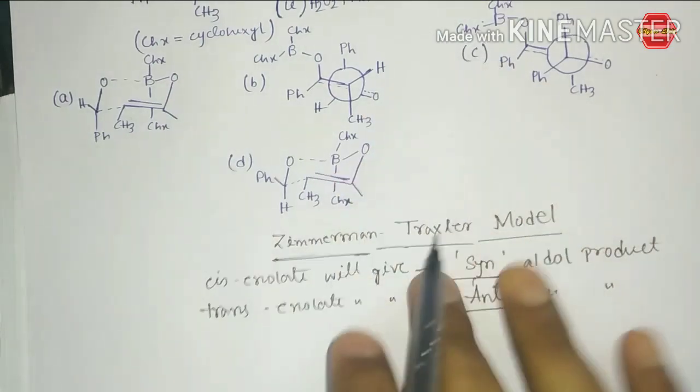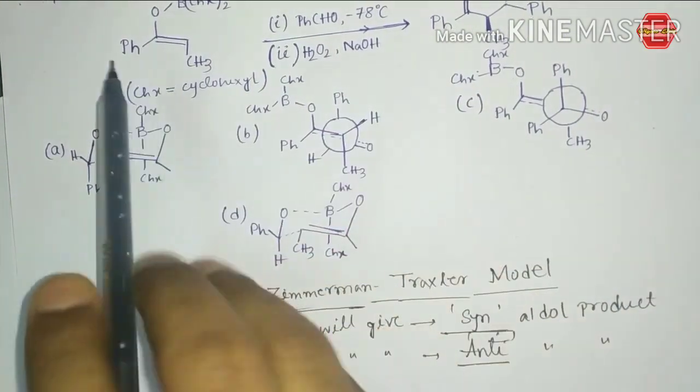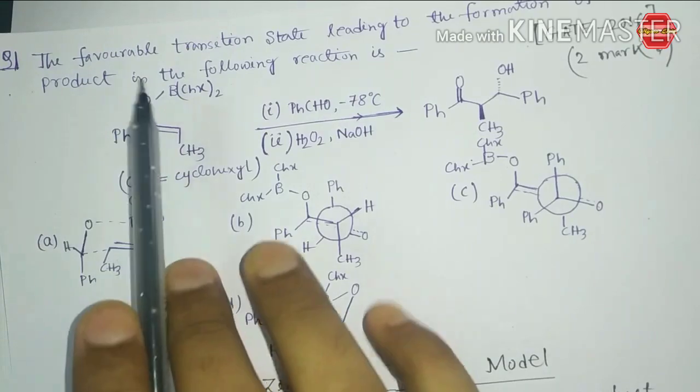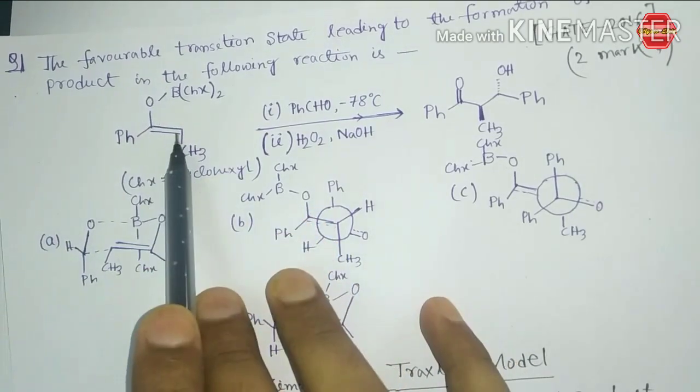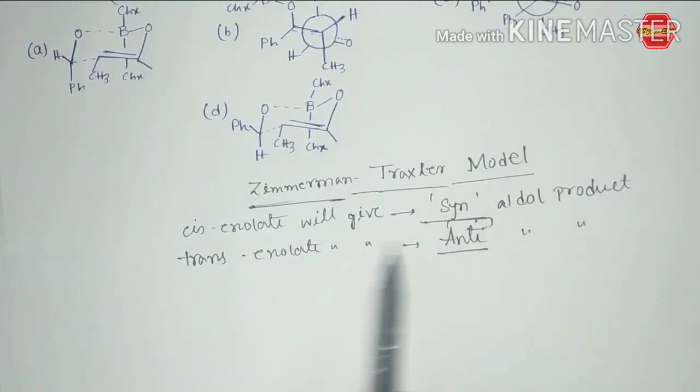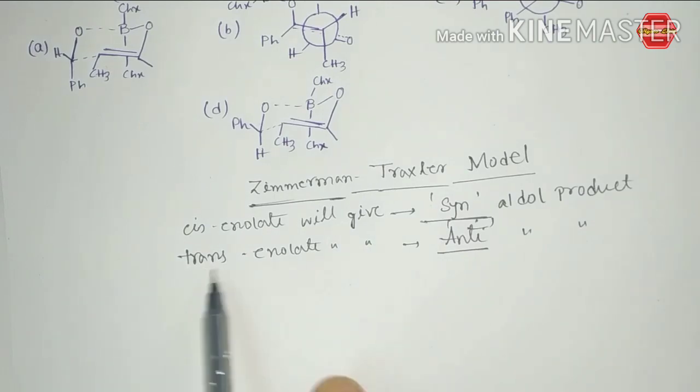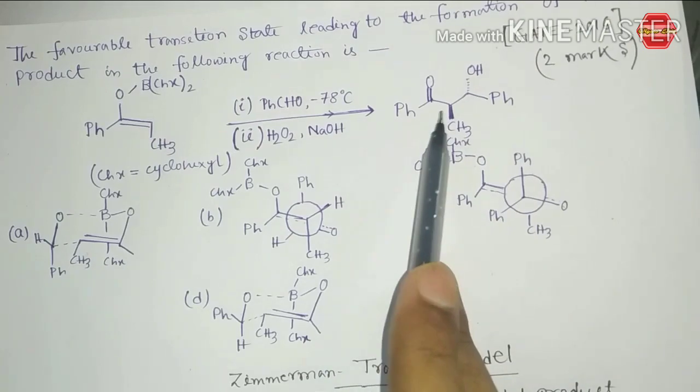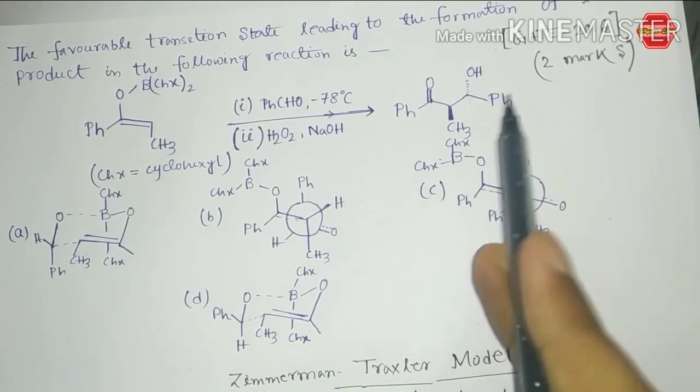Now you have seen in the question that a trans enolate is given. Then according to this model, the trans enolate will give anti-aldol product, and you can also see that the product given is anti in nature.